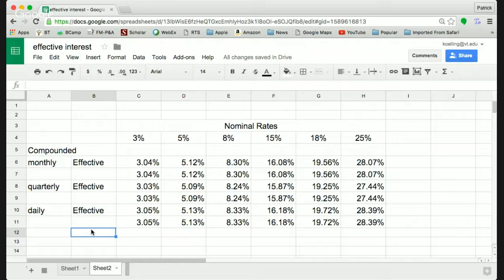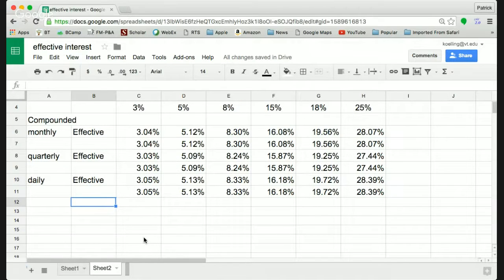Now, one more thing that we need to know about effective interest rates. This is all well and good, and this is finding effective annual interest rates. So everything we've done before in this video is finding effective interest rates. However, you may need to find an interest rate that's not annual, and you may need to find an interest rate that doesn't match up with a compounding period.